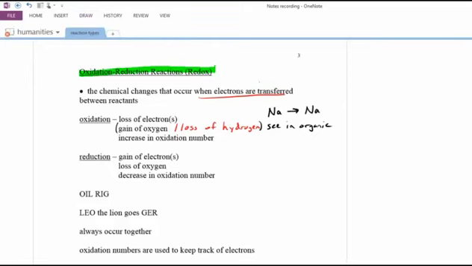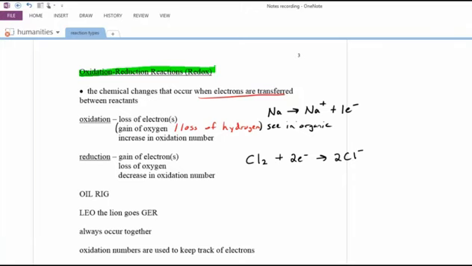Sodium, becoming a +1 ion, had to lose an electron. Reduction is the opposite, so it's a gain of electrons. So chlorine has to gain electrons, become the chloride ion.